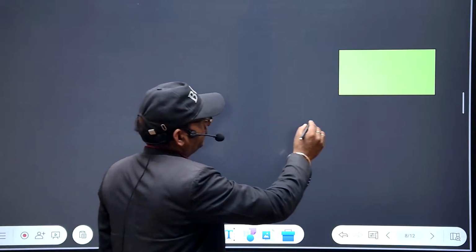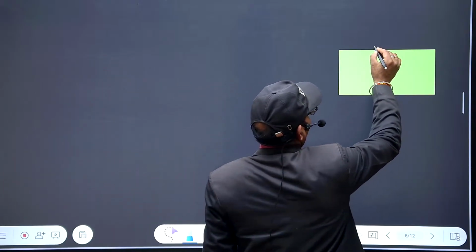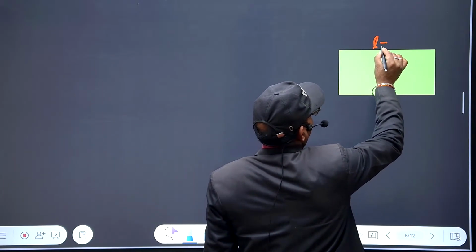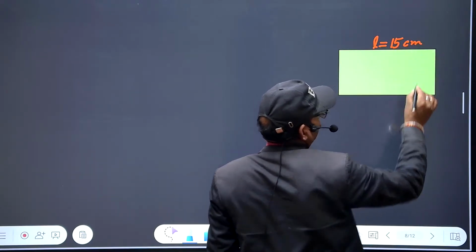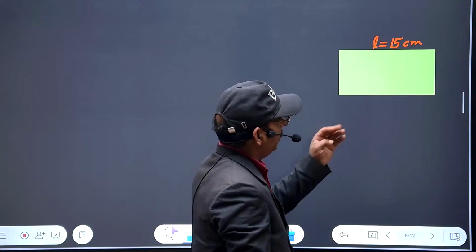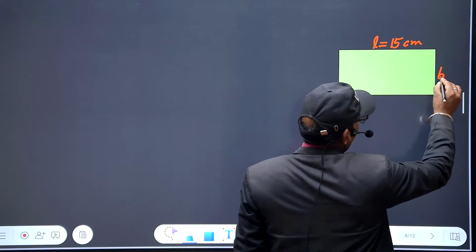In this diagram, length is given, 15 centimeter. Okay. And you don't know the breadth.